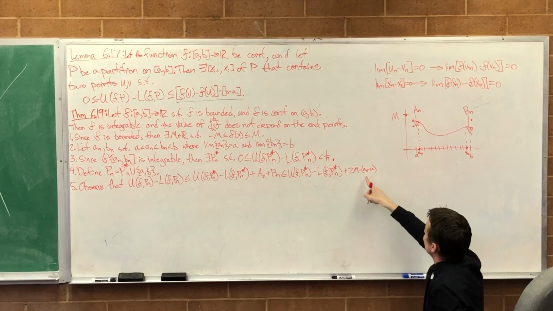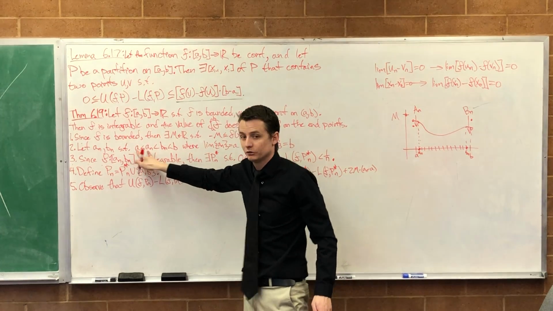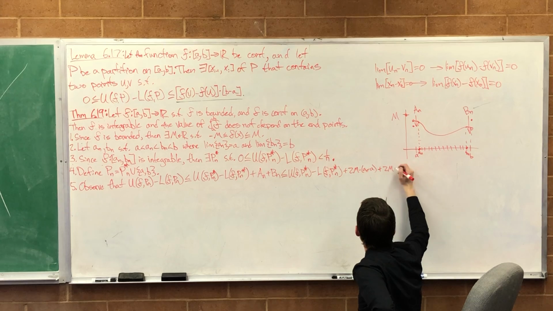I know that an is always greater than a by definition up here, so that difference is always a positive number, plus 2m times b minus bn.